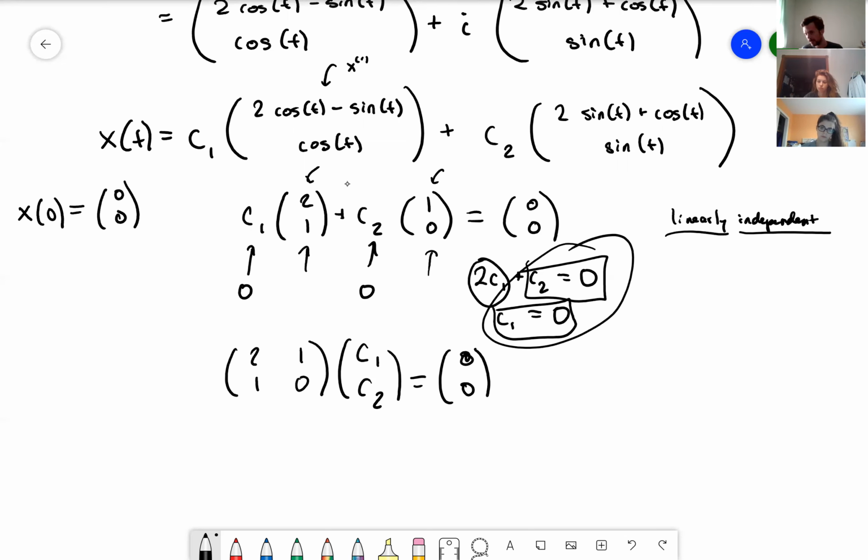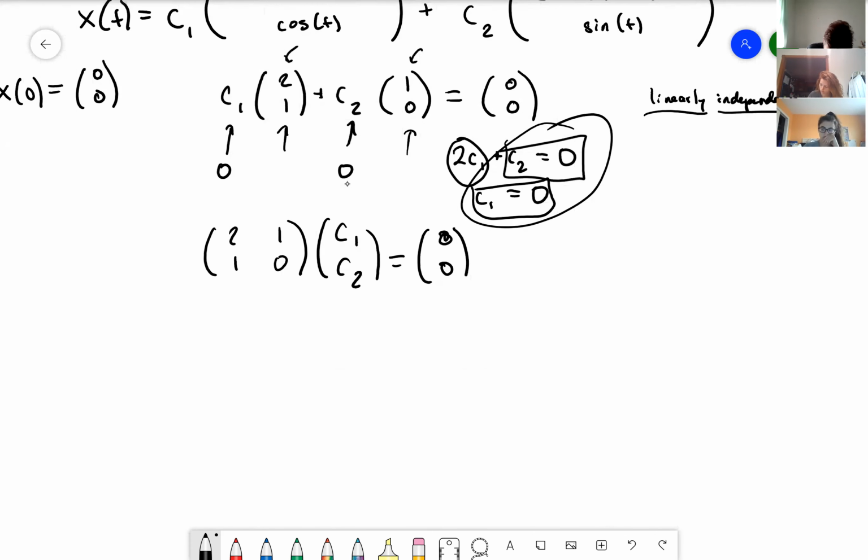The only possible thing that could go wrong is if the determinant of this matrix is 0. We look at the determinant: 2 times 0 minus 1 times 1, which is -1. Now we're getting some deep math here: not 0. The determinant is not 0, which means absolutely nothing will go wrong. That means the columns of this matrix are linearly independent. Okay, that's your little preview of Math 322 for today.